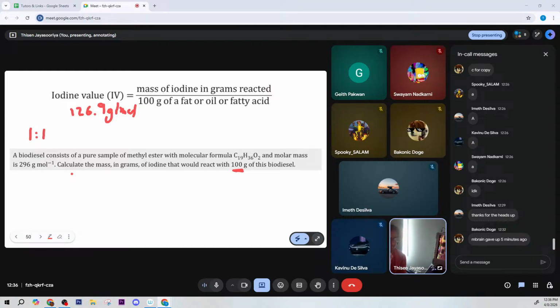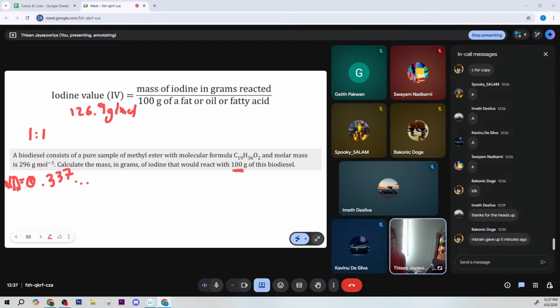So from here, what we do is we find out the number of moles of the biodiesel we have. So it's going to be 100 divided by 296, and we get here 0.337. There's a 1-to-1 molar ratio, so this is also the number of moles of iodine that we have.